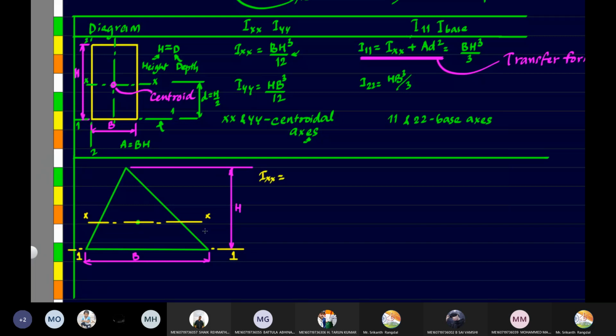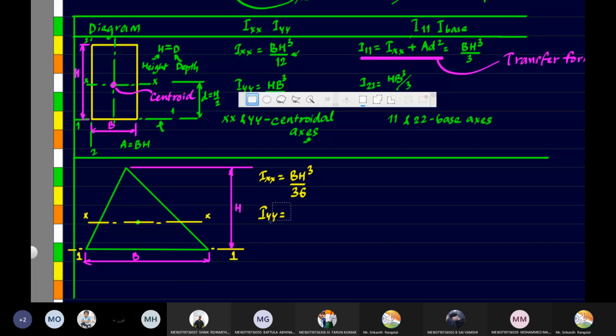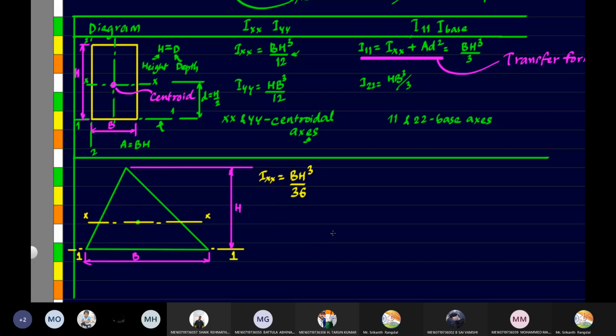Bh cube by 36. Iyy is complicated, so we'll just leave it. Iyy depends on whether it is symmetric or not symmetric or all other things.